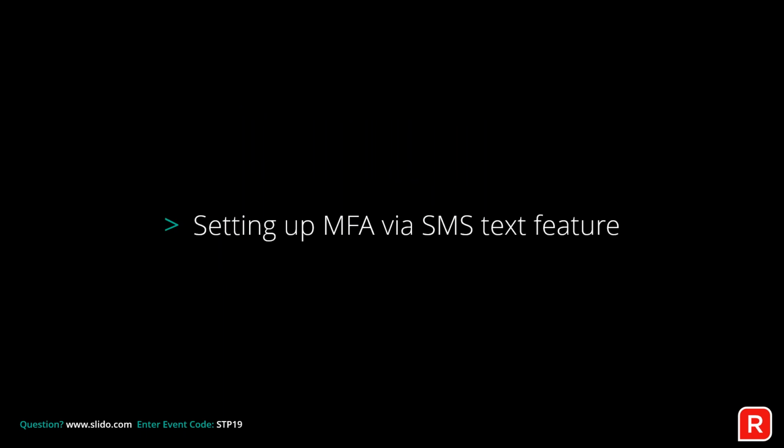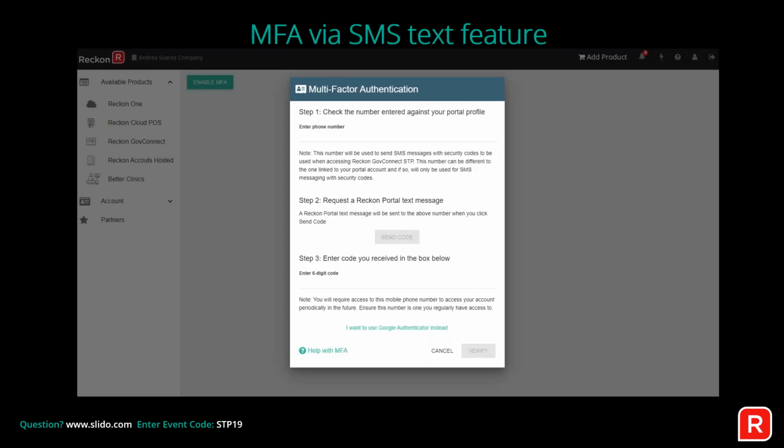SMS is the default way you're offered for setting up multi-factor authentication. So you'll see this multi-factor authentication screen, which will be configured for SMS. If you want to bypass that and go straight to Google Authenticator, just click on the "I want to use Google Authenticator instead" link at the bottom of the page.